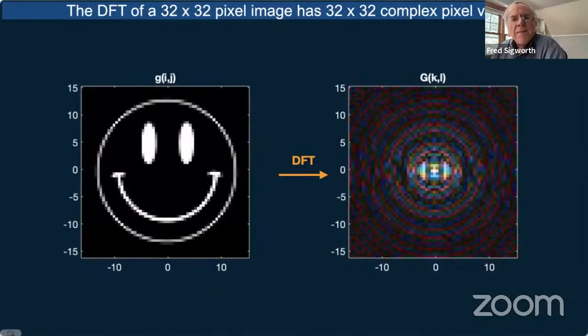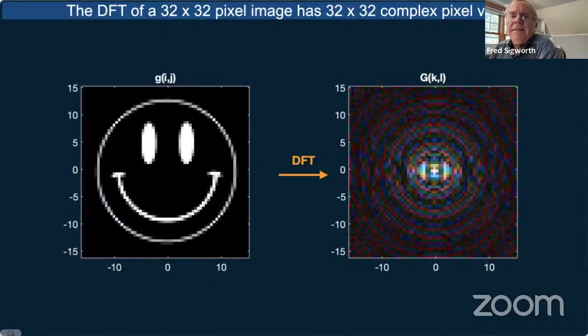And so this is what the discrete Fourier transform looks like. It takes an image, let's say, of 32 by 32 pixels, and it converts it into another representation, which is also 32 by 32 pixels, but the quantity at every pixel has an amplitude and a phase.